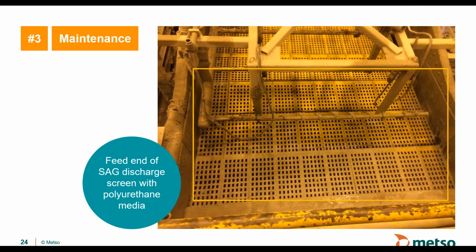The last picture here is from a screen which takes a heavy impact. It can be any application with big feed lumps and things like that. What you can see in the boxed area is the feed end of the screen. Those 3 rows of panels are of a thicker, more heavy-duty design compared to the rest of the screen that you see further down.